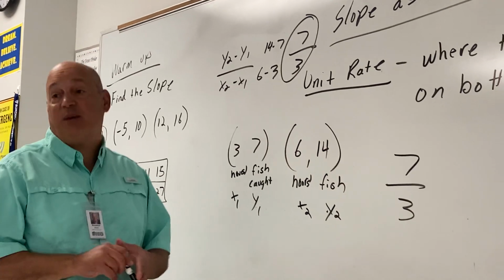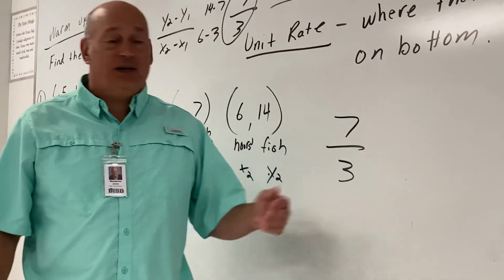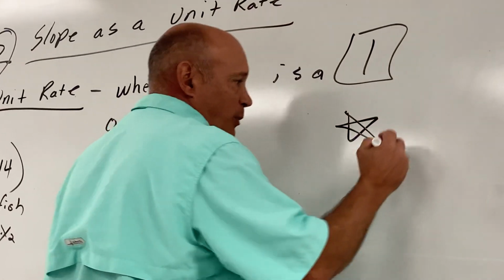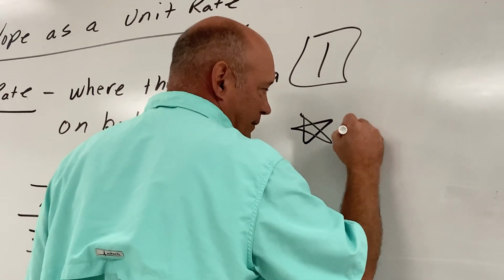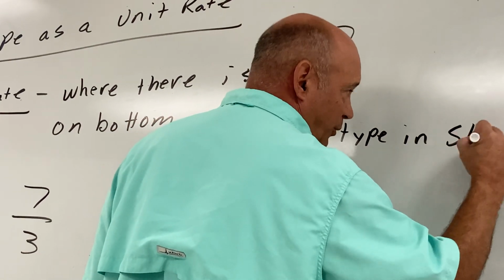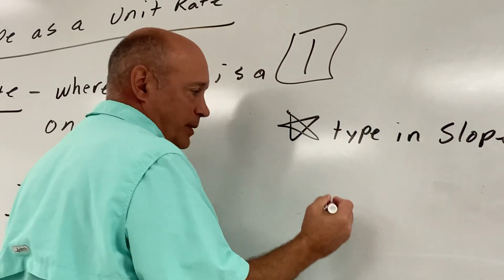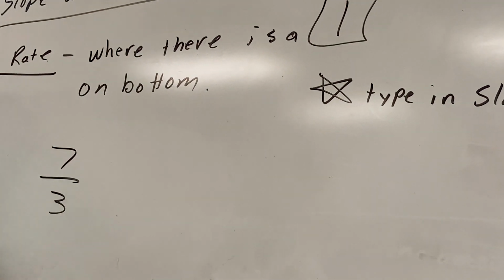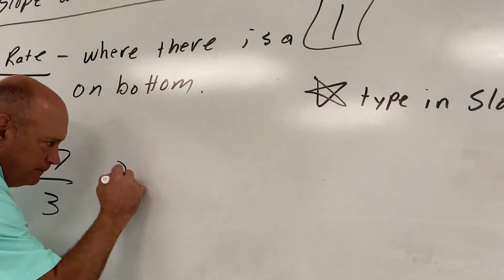No. So everybody pick up your calculator. Okay, here's the nice trick. Watch. Once you know the slope, type in the slope. Whatever your calculator says will be the unit rate that you put on top. So what's 7 divided by 3? 2.3 repeating.